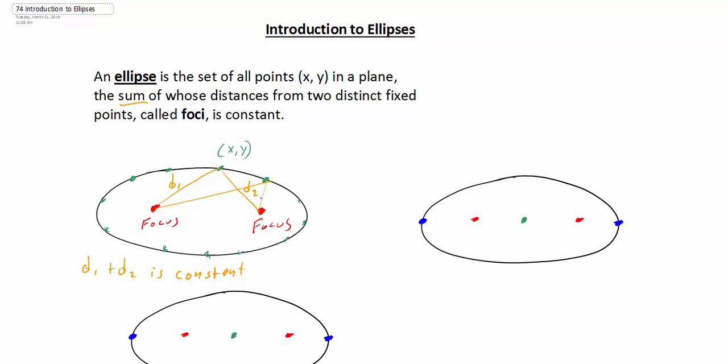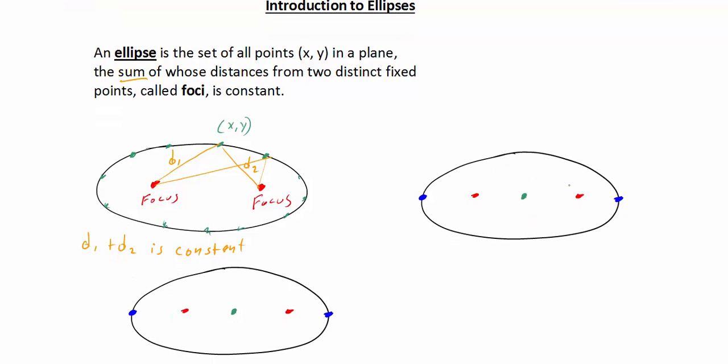All right, so let's look at some other parts of the ellipse. If we go over here, we've already pointed out that these 2 points are your foci, and of course the point here in the middle is going to be the center of the ellipse. And then on the end here we have your vertices.